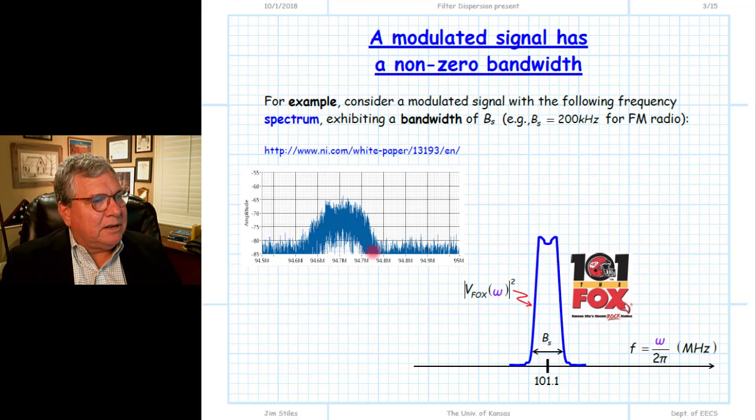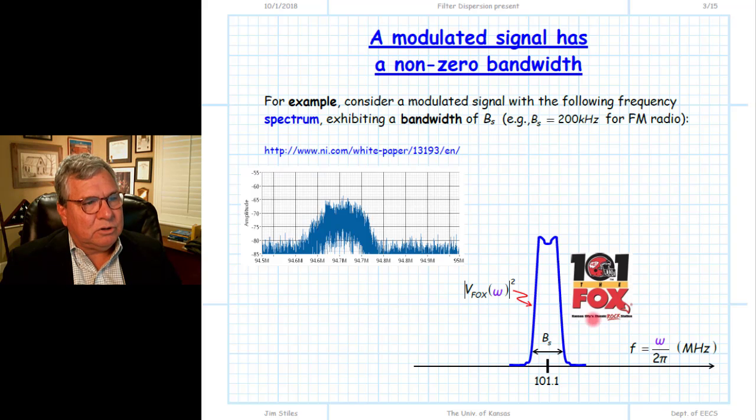If you look at the energy, then, though it's not, again, aligned exactly at 94.7, the energy is spread around 94.7, all the way down almost to 94.6, and then almost all the way up to 94.8. In other words, a spectrum, a bandwidth of about 200 kilohertz. Centered at 94.7, the energy is spread from approximately 94.6 to 94.8. And that's typically, again, what we see for an FM radio station.